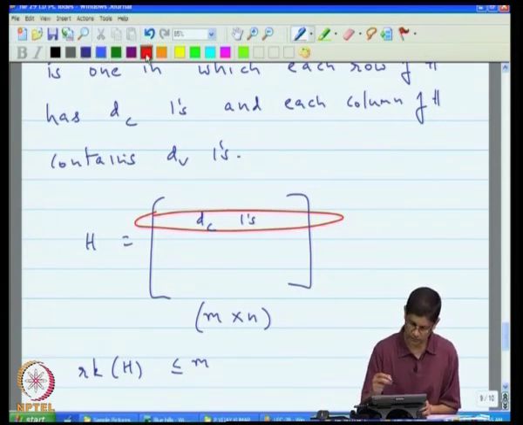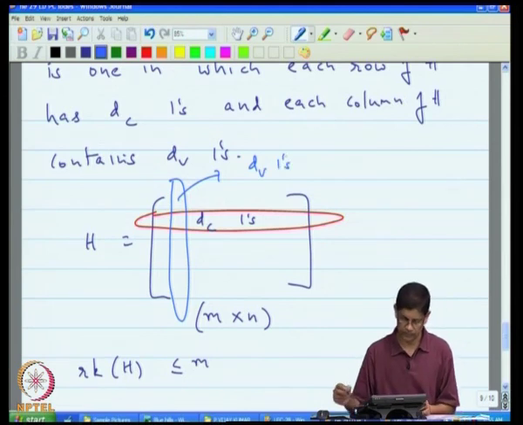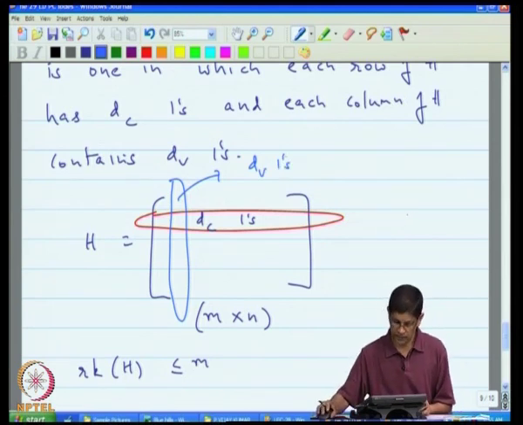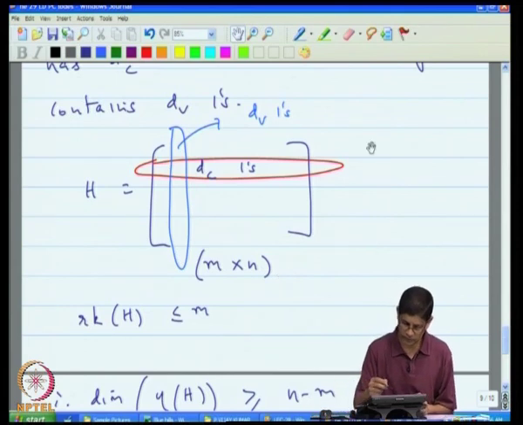On the other hand, if you look at a column, every column will contain dv ones. But now you can count the total number of ones either by counting row by row or column by column. So, the total number of ones in this matrix on the one hand is m times dc, on the other hand it is n times dv. Okay. So, let me just put that down.